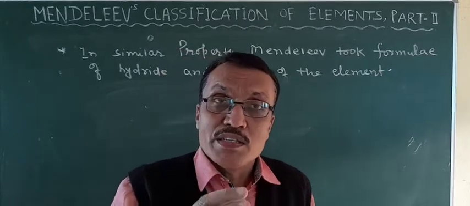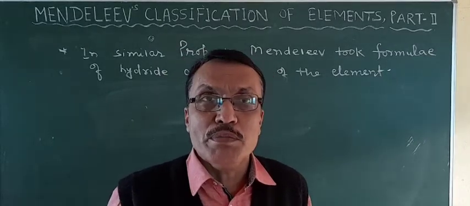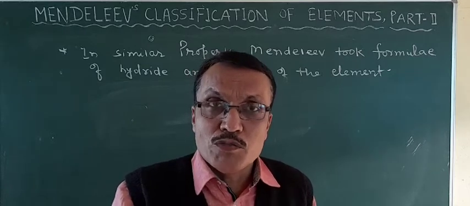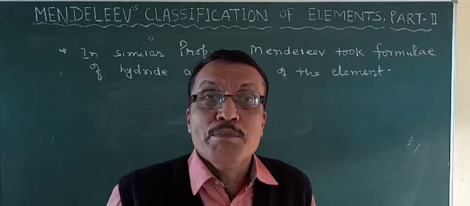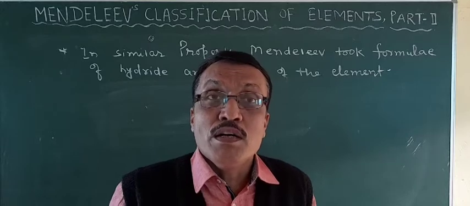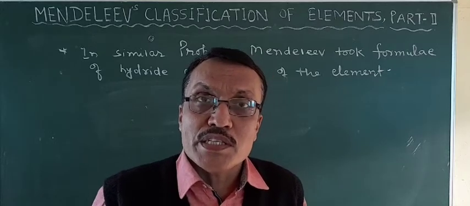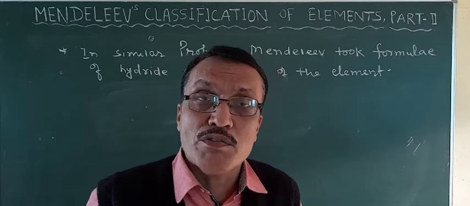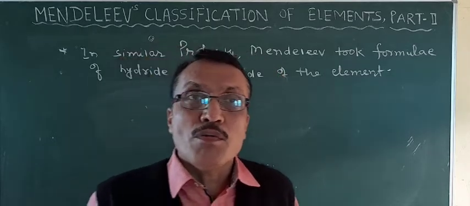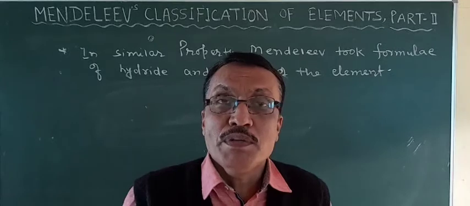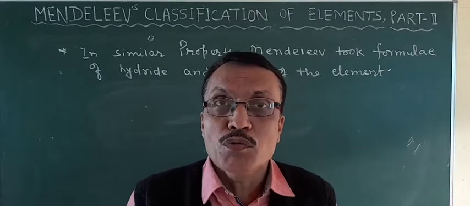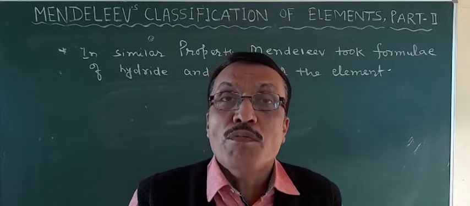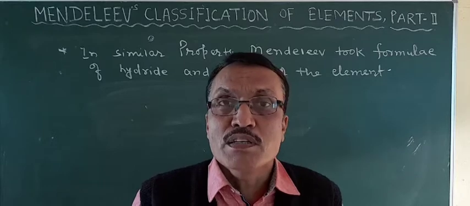So this is the definition of the periodic table. Once again, you must keep in mind, the periodic table is the table of elements in which elements have been arranged in such a way that elements of similar property come under the same vertical column and elements of dissimilar properties get separated from them.